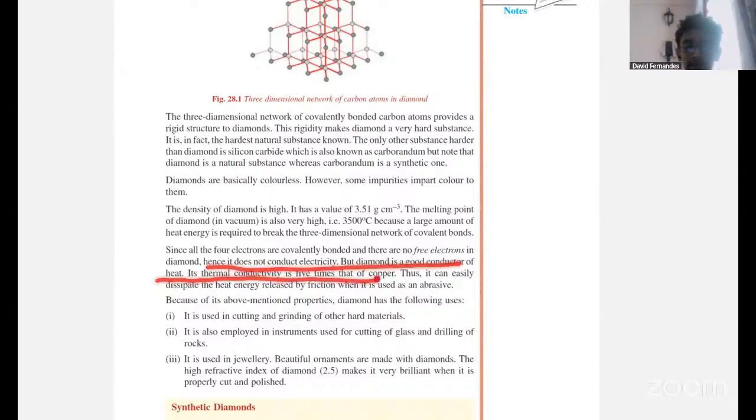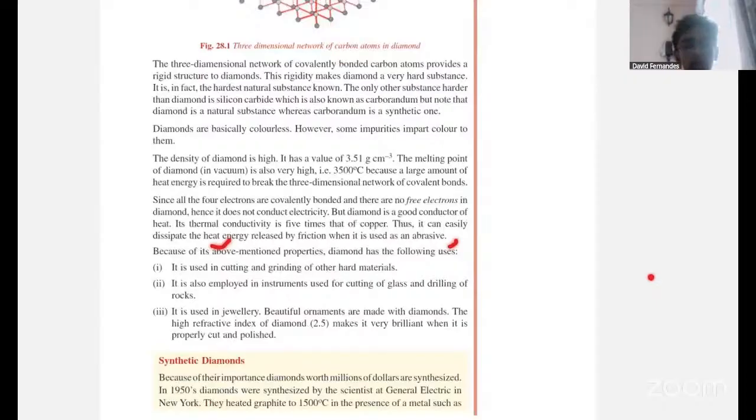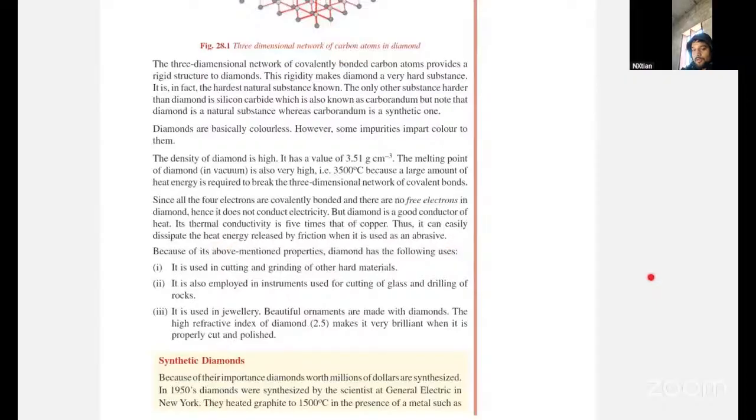Thus, it can easily dissipate the heat energy released by friction when it is used as an abrasive. So if you rub a diamond a little bit, you will say, oh my god, it's very hot, I can make an egg on it. So diamond is a very good conductor of heat as compared to electricity. Now why doesn't diamond conduct electricity? The same reason.